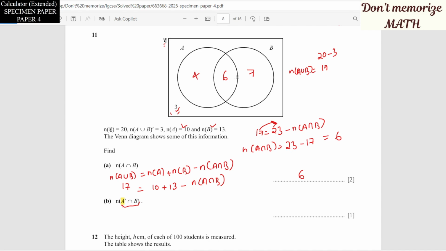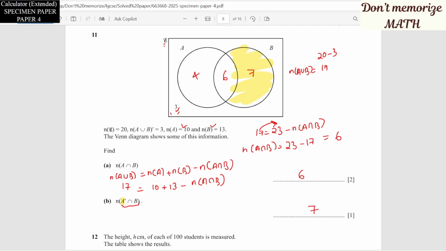It must be outside the circle A, but intersection B means it must be B. Okay, so outside A and it must be in B. So this is the part n of A complement intersection B. So we need number of elements. How many elements are there? We have 7 elements. So n of A complement intersection B, outside A but inside B, we have 7 elements. Okay, I hope this question is clear for you.